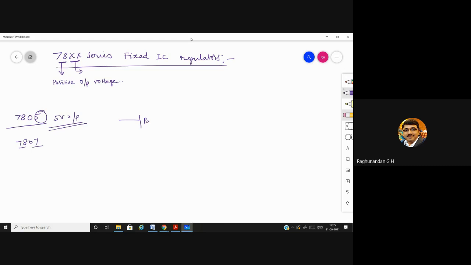Coming to the basic block diagram of the regulator IC, we are having a pass transistor, V out plus, V out. This is V in.